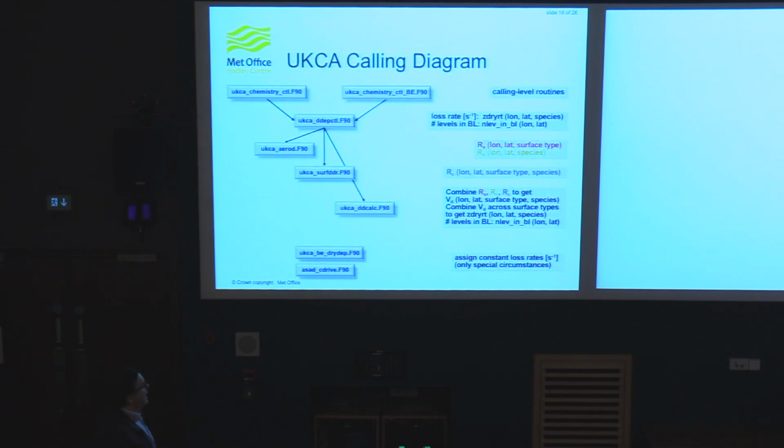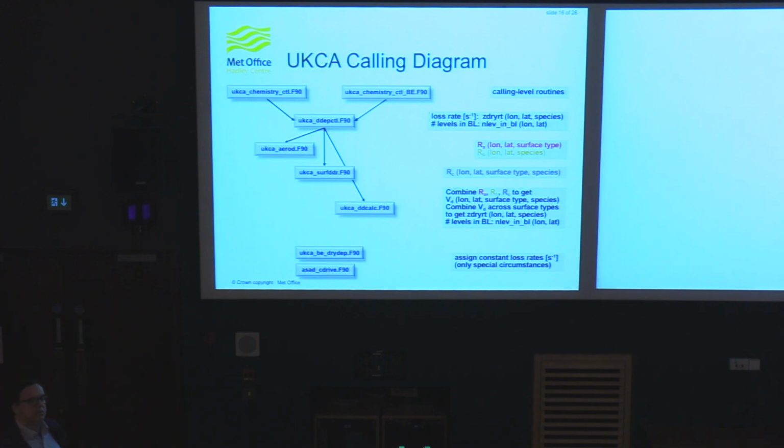And on this slide, I'm summarizing in a small sketch the way the code works. So this is for the gas phase side. This is not the way it works for the aerosols. So you have calling routines at the top.